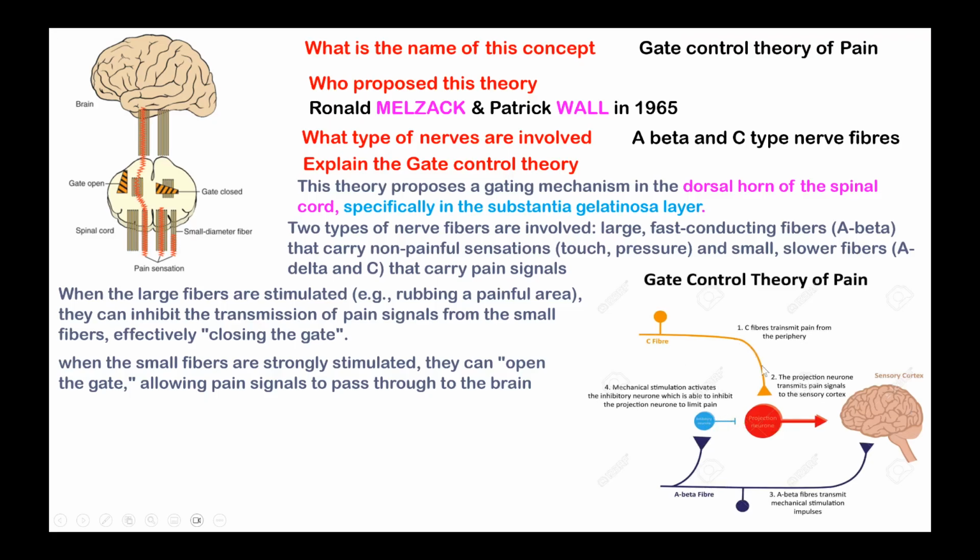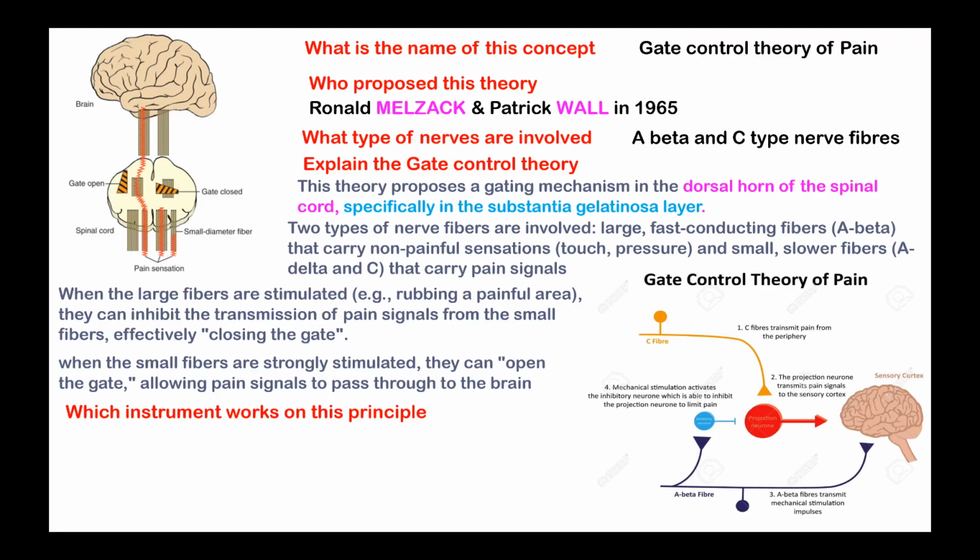Whereas if the signal from the C fibers is much stronger, they will overshoot this and still stimulate the projection neurons to transmit the pain. So that is the concept that you have to understand.